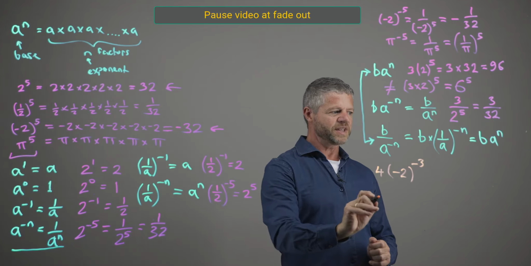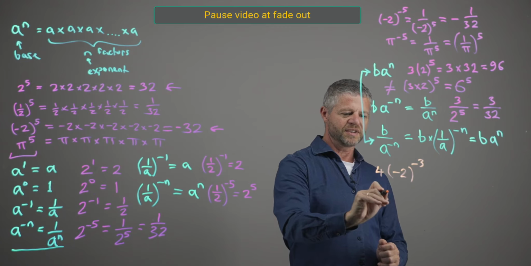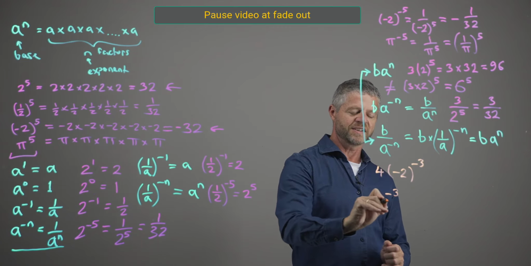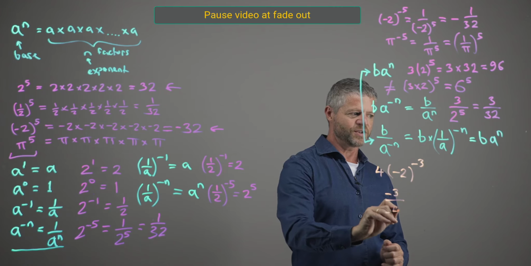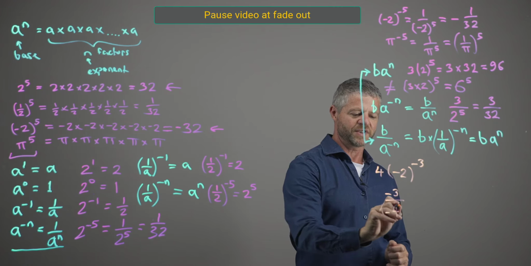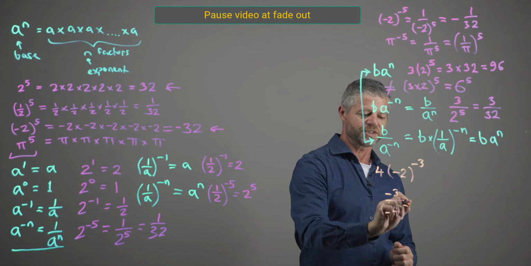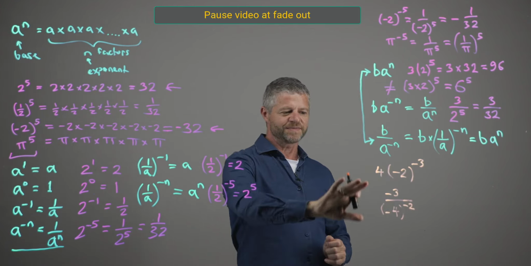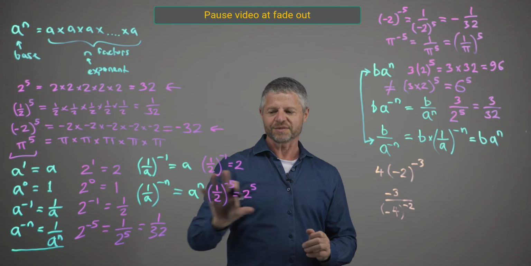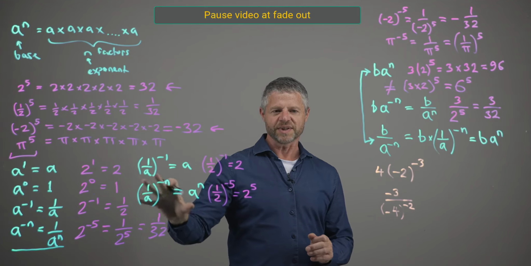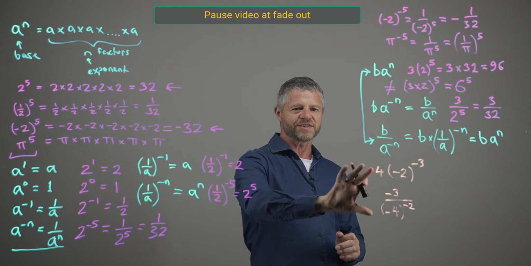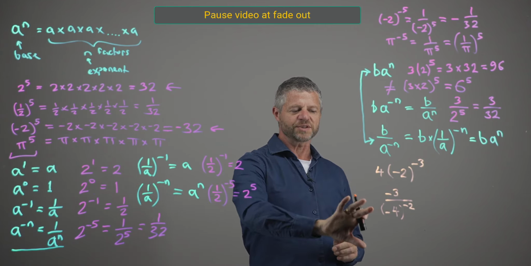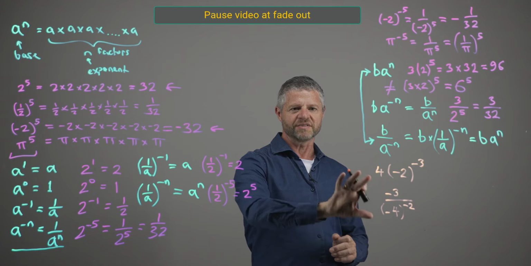And for the second one, let's do minus 3 divided by minus 4 to the power minus 2. So there's a lot of things going on here. So you're going to have to put together things that we reviewed earlier to figure out what these two expressions evaluate to.